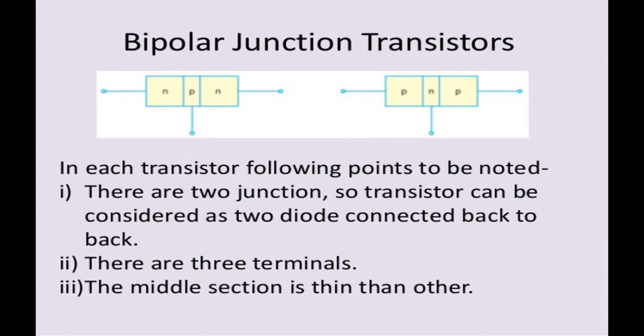The transistor is a three-terminal device. The middle section, whatever the type of semiconductor, P or N, is very thin compared to the other sides, because the depletion region is very small, so that current can flow.